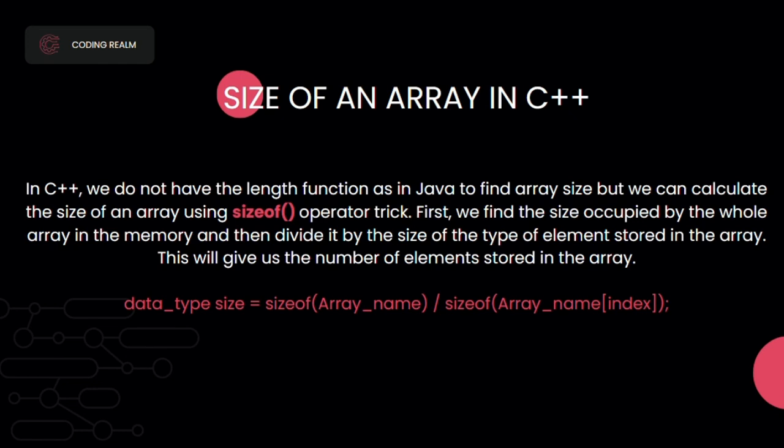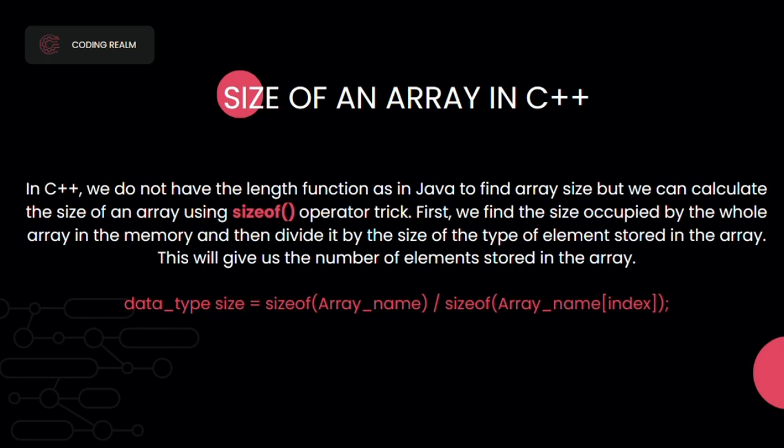Size of an array in C++. In C++, we do not have a length function as in Java, for example, to find the array size, but we can calculate the size of an array using the sizeof operator trick.